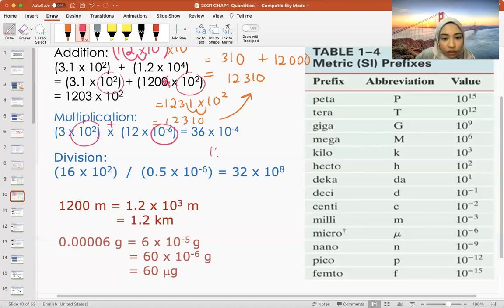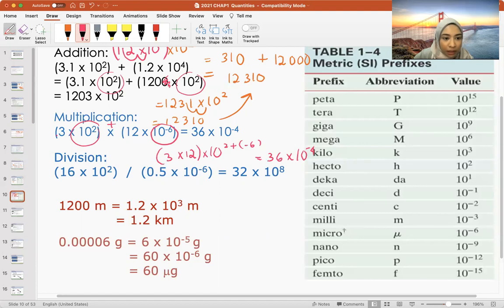So 10 to the 2 plus minus 6. And 3 times 12, this guy times this guy, you get 36 times 10 to the minus 4.